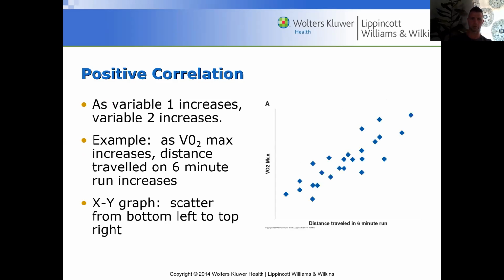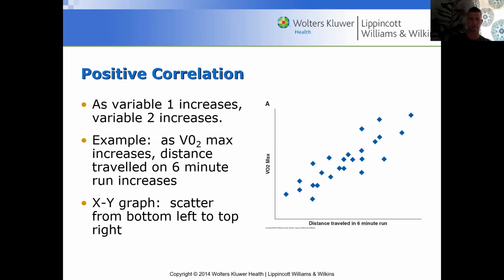A positive correlation: as variable 1 increases, variable 2 will increase. It's showing you here that the further folks go in the 6-minute run, the higher their VO2 max. As VO2 max increases, distance traveled on the 6-minute run increases.